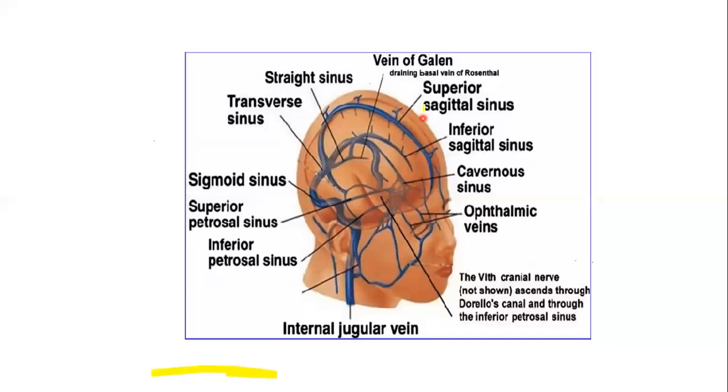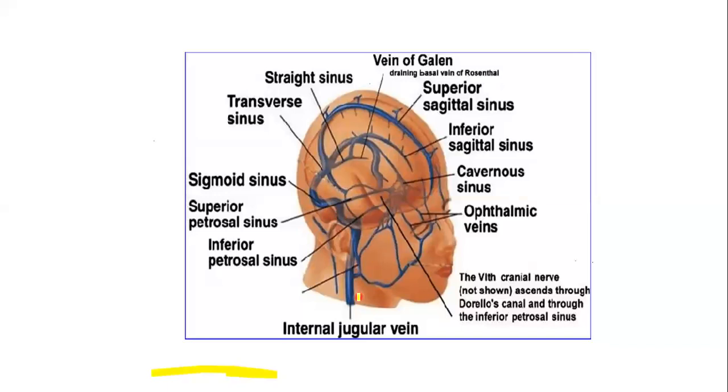Then the superior sagittal sinus, this one. Then the inferior sagittal sinus just below the superior. Then there is this straight sinus. As you can see, it is straight. Then there's the transverse sinus here.